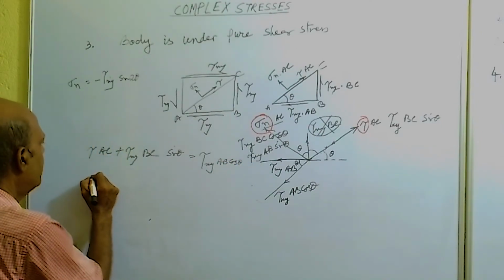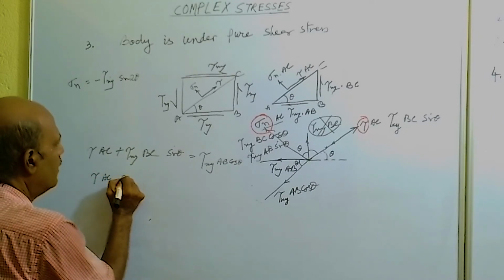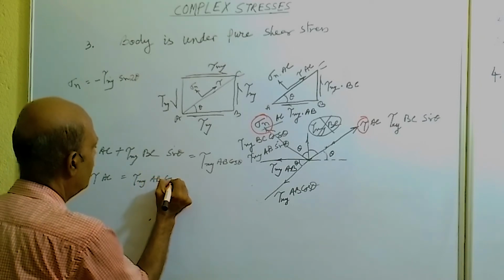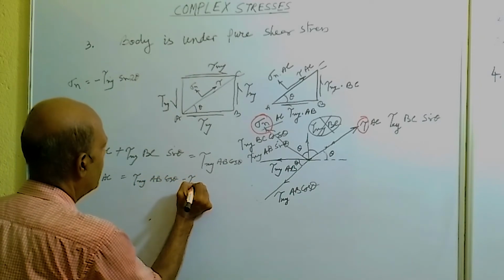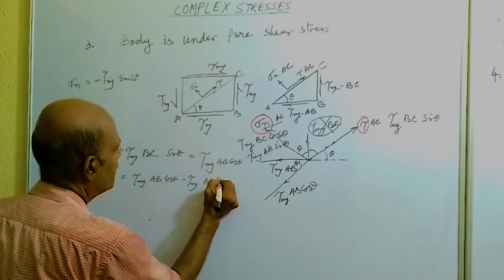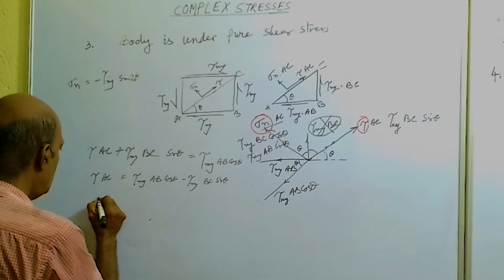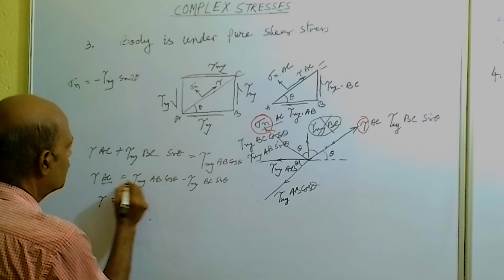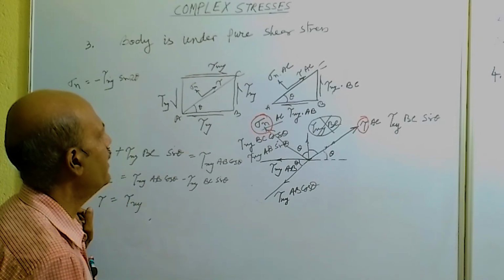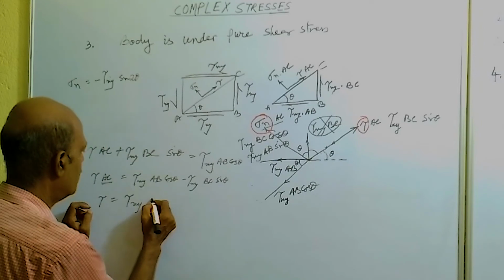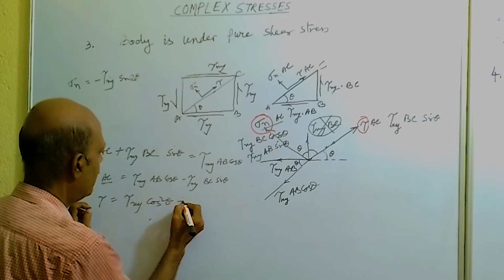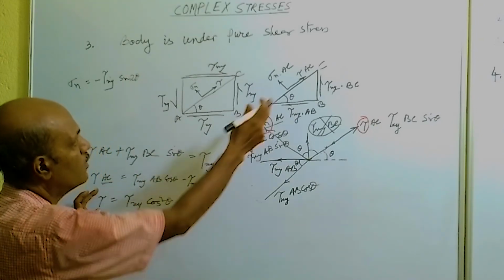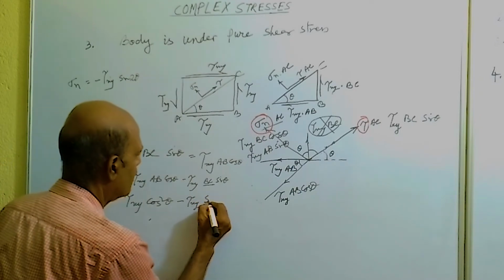That means tau into AC equals tau xy AB cos theta minus tau xy BC sin theta. So tau becomes tau xy times AB by AC, that is cos theta, cos theta into cos theta is cos square theta, minus tau xy times BC by AC, that is sin theta into sin theta, sin square theta.